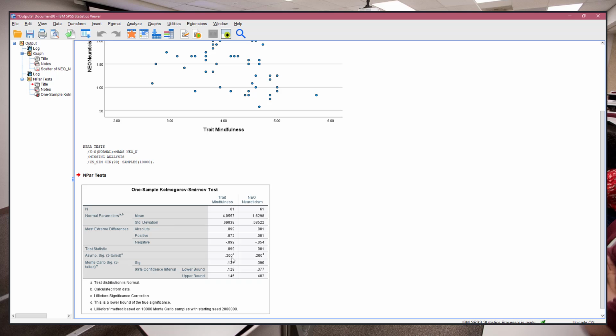We want the significance value to be higher than 0.05 because we want normal data. When we have normal data, we're meeting the assumption of normality and we're able to conduct this test in good faith. There would be nothing stopping you from running a regression analysis without normal data. The problem is it's kind of garbage in, garbage out.